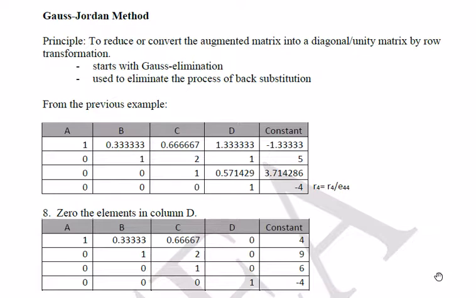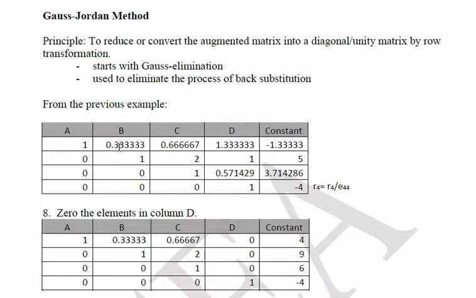The Gauss-Jordan method starts with Gaussian elimination. That is, first we need to convert all the elements in the lower diagonal matrix into 0, and then continue with making all the elements in the upper diagonal into 0.